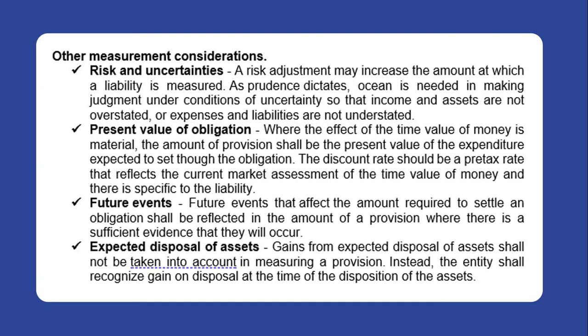As prudence dictates, caution is needed in making judgment under conditions of uncertainty so that income and assets are not overstated and expenses and liabilities are not understated. So that is the example earlier: when there are risks and uncertainties which affect our provision, then we need to adjust it using a risk adjustment factor.